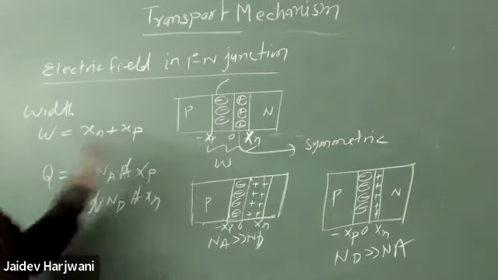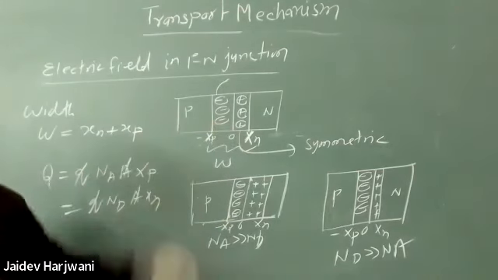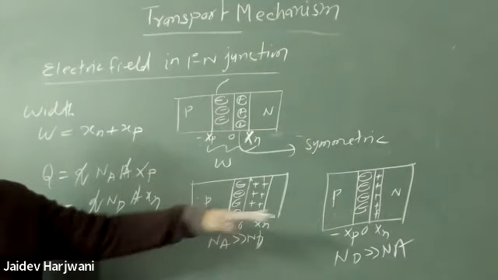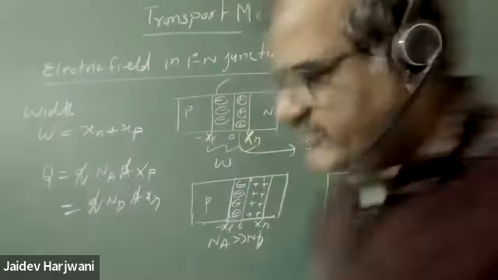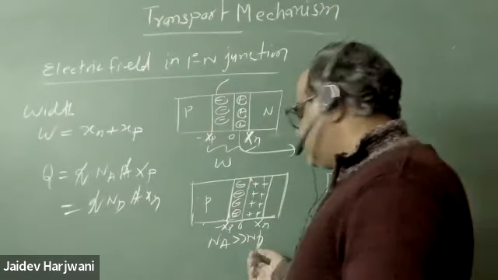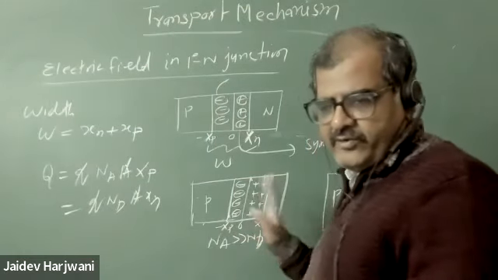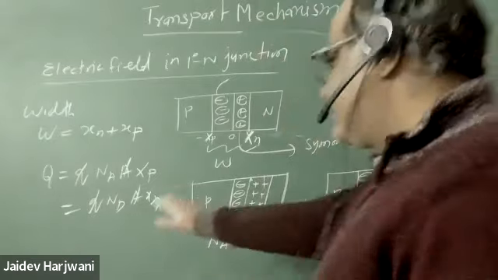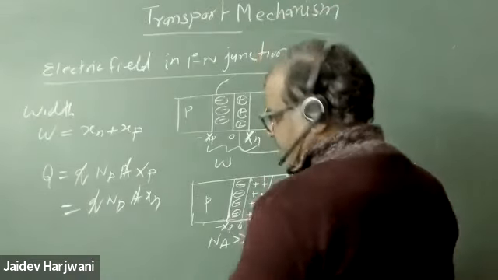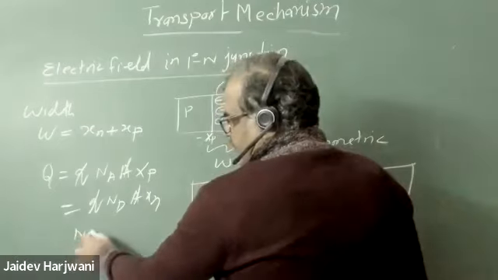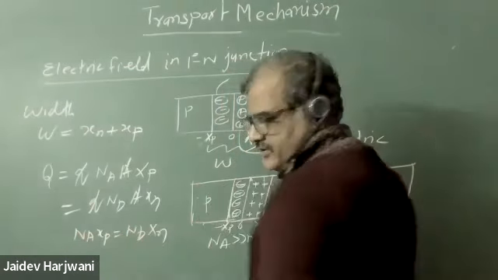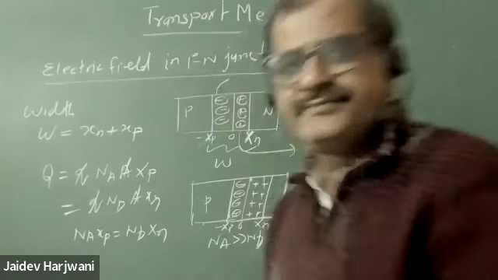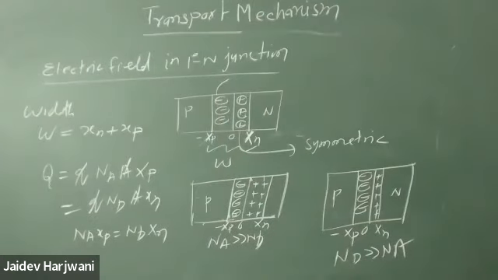If they are of the same order, that is called a symmetric p-n junction, and this is called an asymmetric p-n junction. Wherever doping is high, that side the width will decrease. I have done this from the charge neutrality condition. Is that clear? Yes sir.